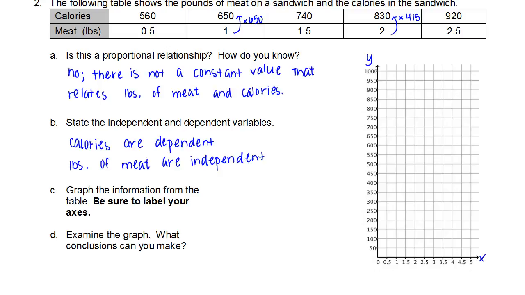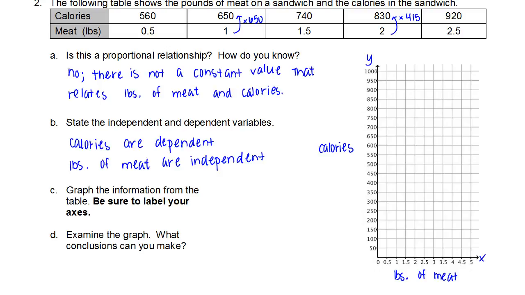On the x-axis the numbers range from 0 to 5, and from the table it's clear that represents the pounds of meat, like we had pounds of cherries on the previous problem. The y-axis goes from 0 to 1,000, and that will definitely be the calories in the sandwich. So we label calories on the y-axis and pounds of meat on the x-axis. That way if somebody looks at our graph, they know what information it's showing.